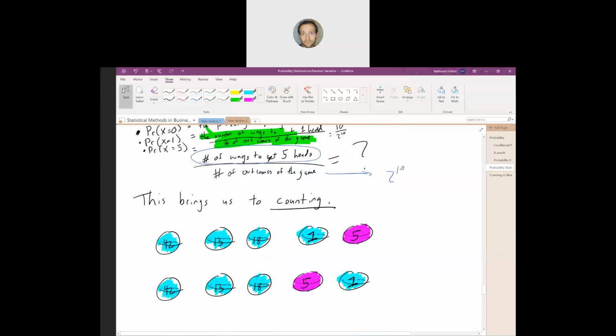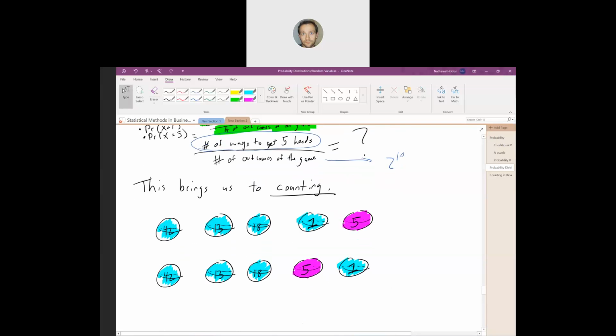Okay, I want to pick on somebody. How about Asher? So here I have some 4 blue balls and 1 magenta ball. We'll call it a red ball.